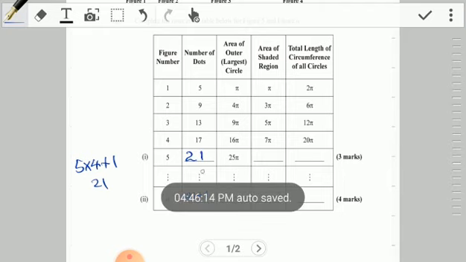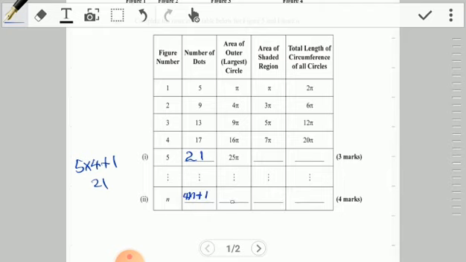I'm looking at square numbers here: 1 times 1 gives 1 pi, 2 times 2 gives 4 pi, 3 times 3 is 9 pi, 4 times 4 is 16 pi, and it goes on. So we square the figure number with a pi, giving n squared pi. If n is 5, it's 5 times 5, 25, and then pi.